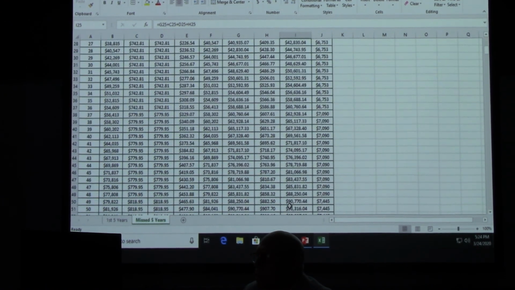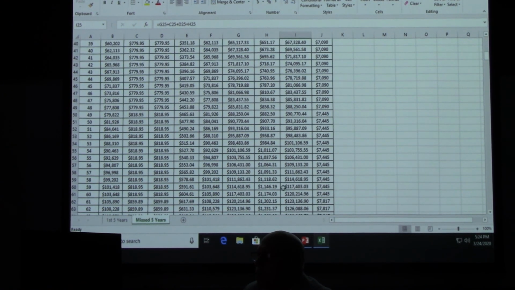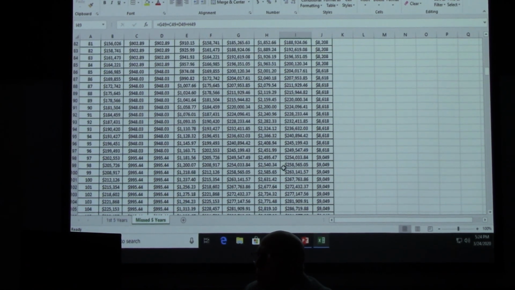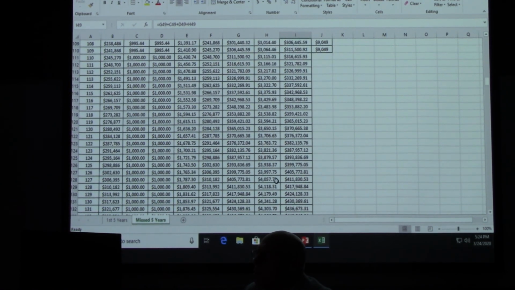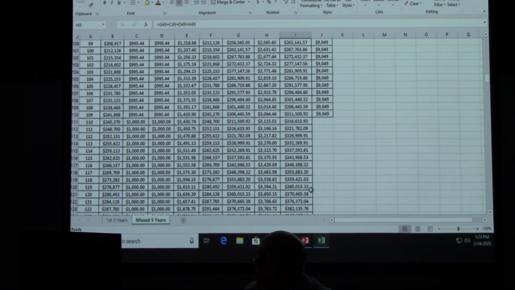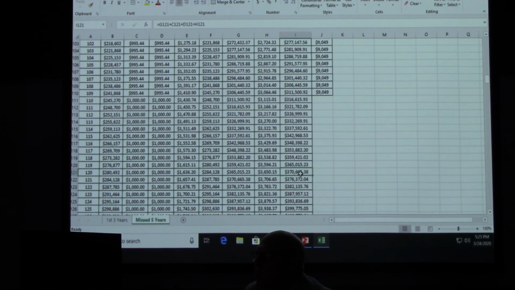And let's look at the end of the fourth year, 88 versus 79. And then let's go out to the end of 10 years. So 10 years is 120 months. At the end of 10 years, the account at 12% is worth $370,000.